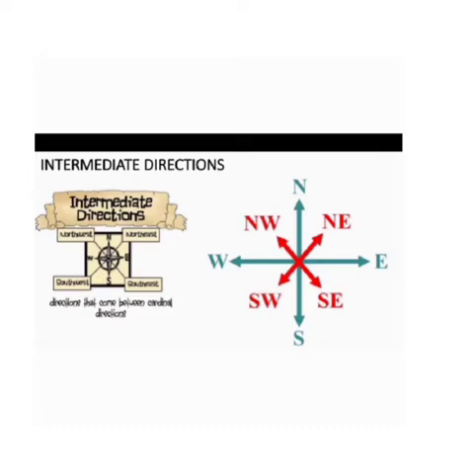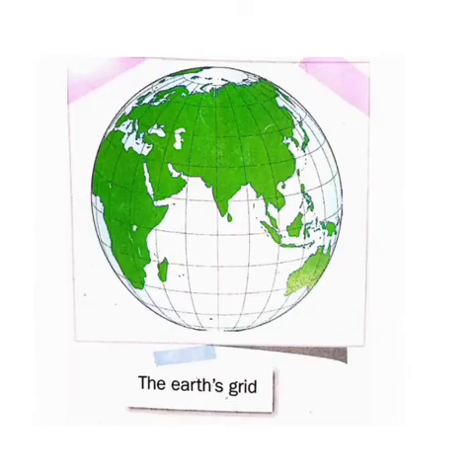So children, next is grid. Grids are the lines given on a map. These grids are imaginary lines in the shape of longitudes and latitudes.